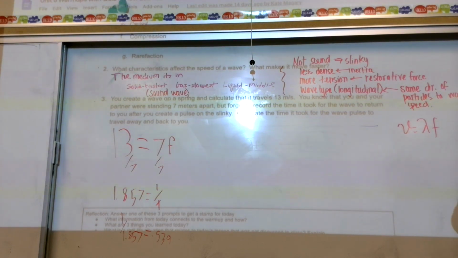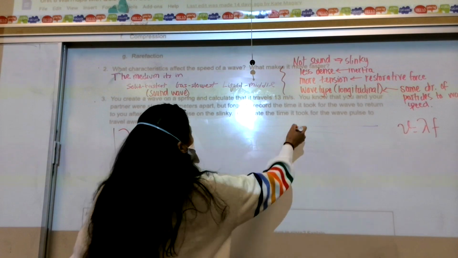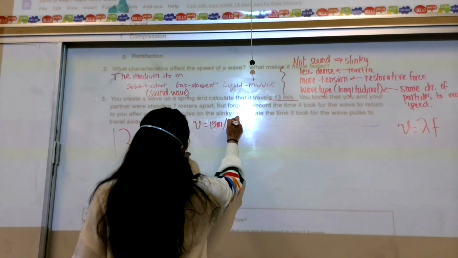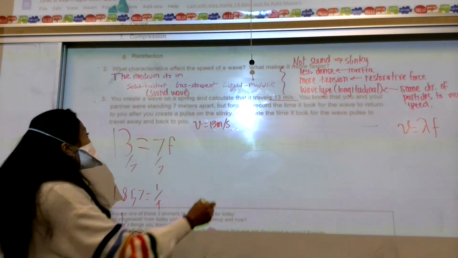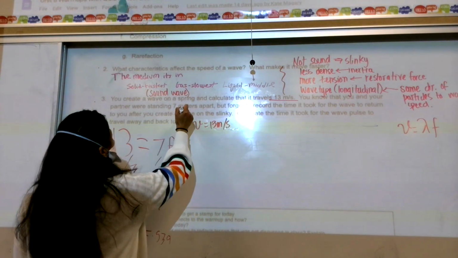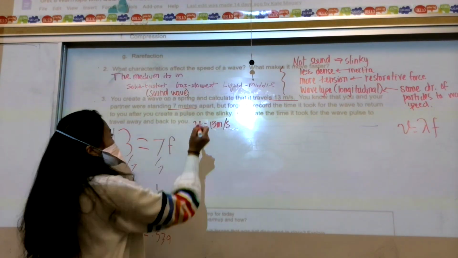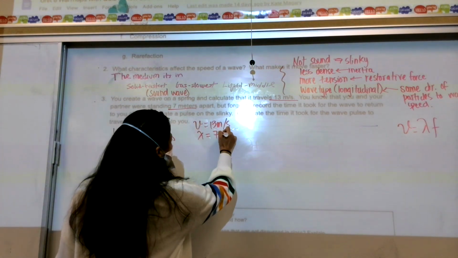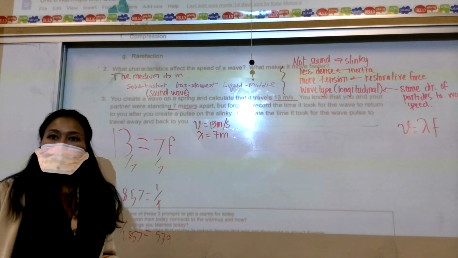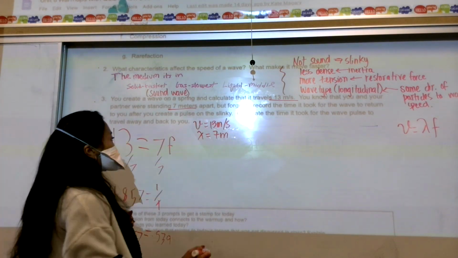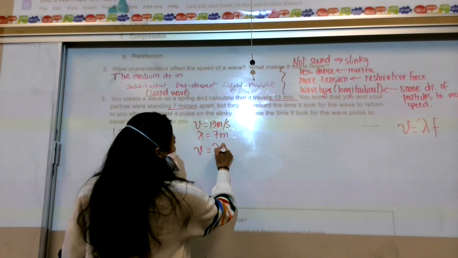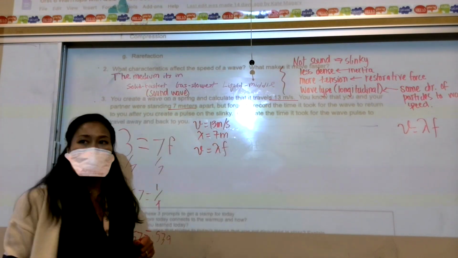So what Vincent did here is he took his velocity, 13 meters per second. I always like to write the GUESS method. He took his 7 meters, and he put that in as his wavelength. And then he used his equation that velocity is equal to wavelength times frequency.